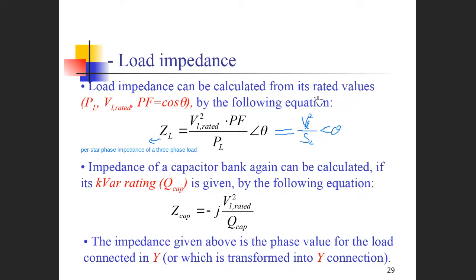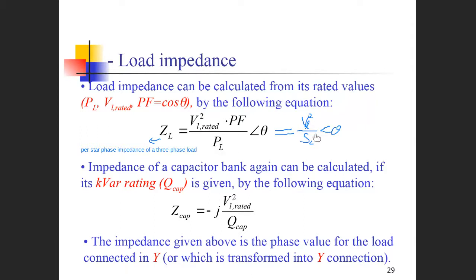For a given load, if it is given the total three-phase power of the load, the rated power, the rated voltage of the load and the power factor, this is usually given by the following equation. Then you can find the per star phase impedance of the three-phase load, whose value depends on the rated voltage squared over the apparent power of the load or the real power of the load.